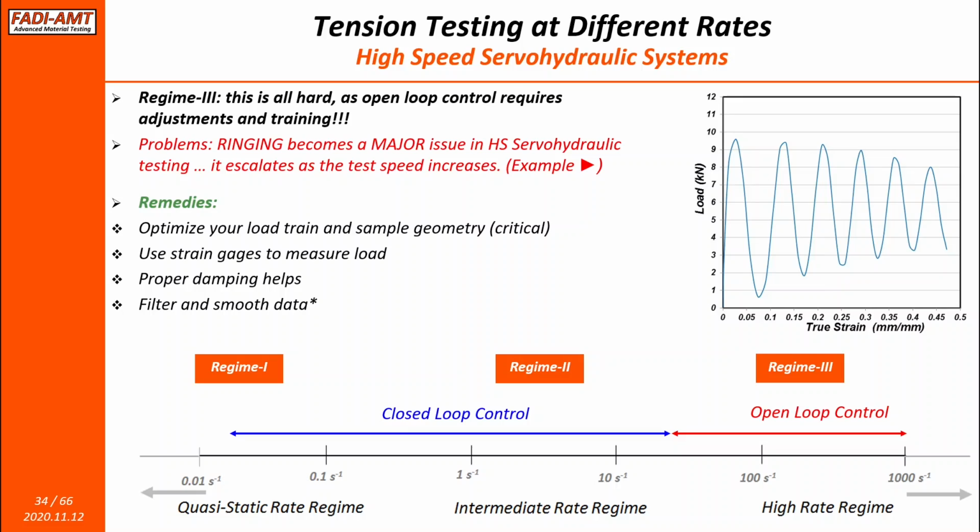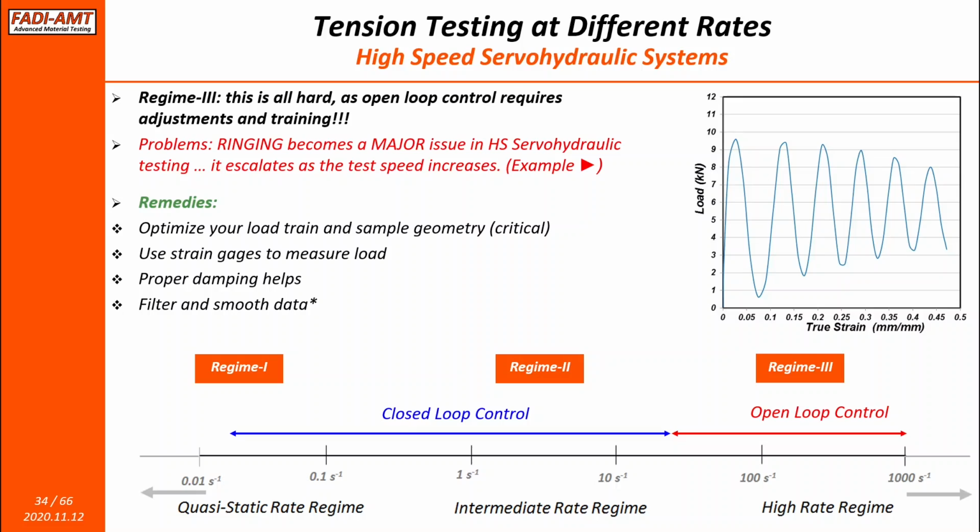And what strain gauging does is basically reduce the length of your load train, and that increases the natural frequency of that particular part of the load train. And that usually leads to a significant improvement in the quality of the data, as we will show in a little bit.